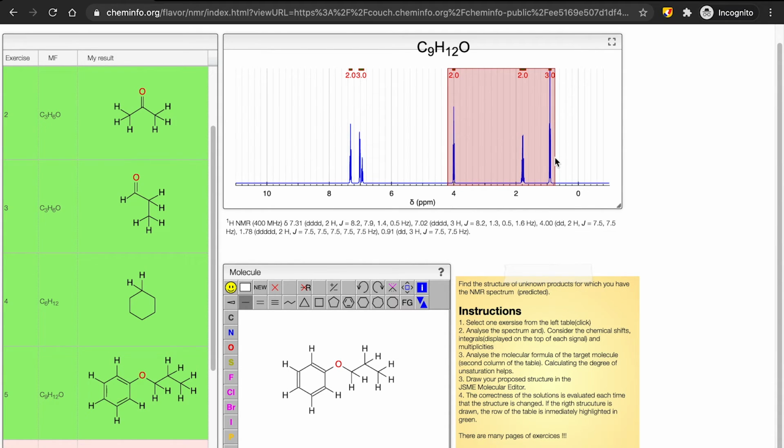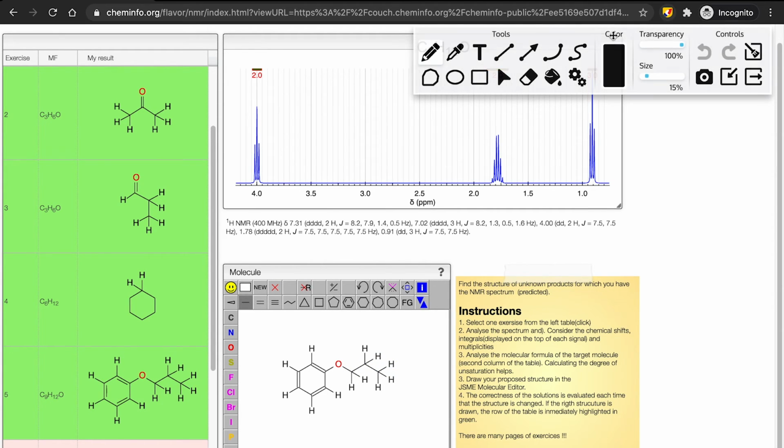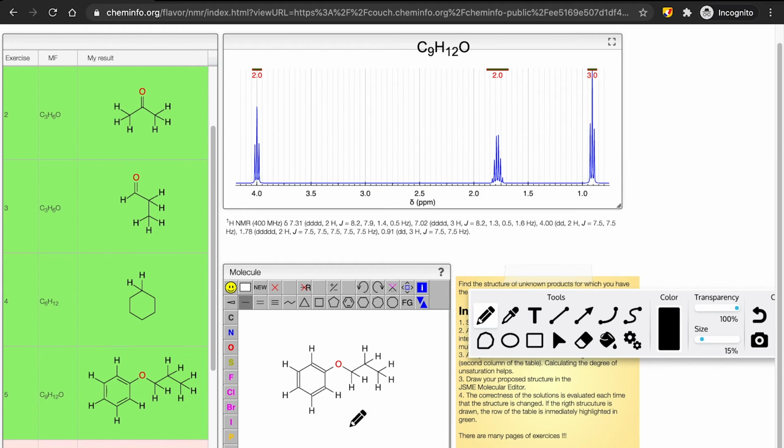Okay, let's examine the final 3 signals. So now we're going to focus on these 3 carbons here. Let's pull up the tool. So let's talk about the chemical shift values. If we look at the chemical shift values, you can kind of see that as they come closer to the oxygen, they're probably going to be more downfield.